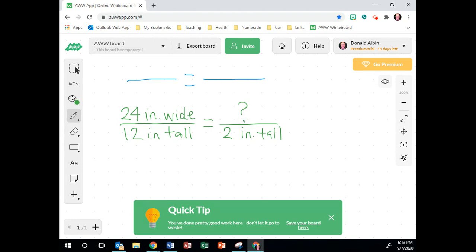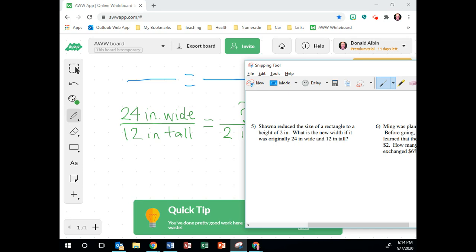So in this problem, we are not given the width, but we are given 2 inches height. So let's look at another one.